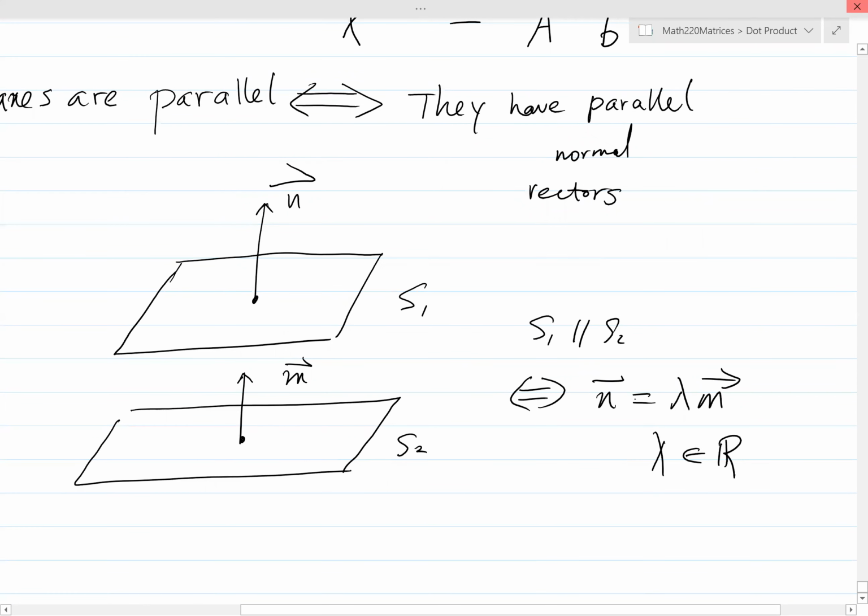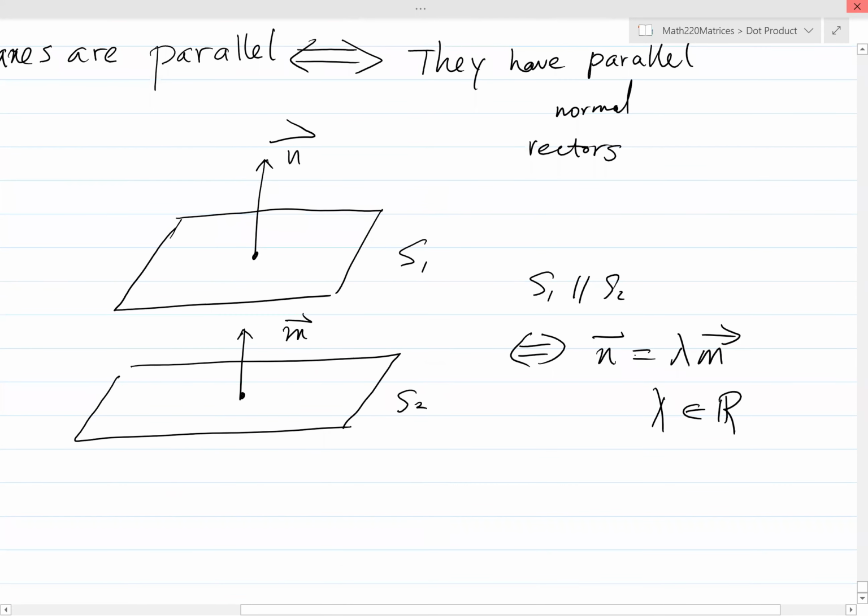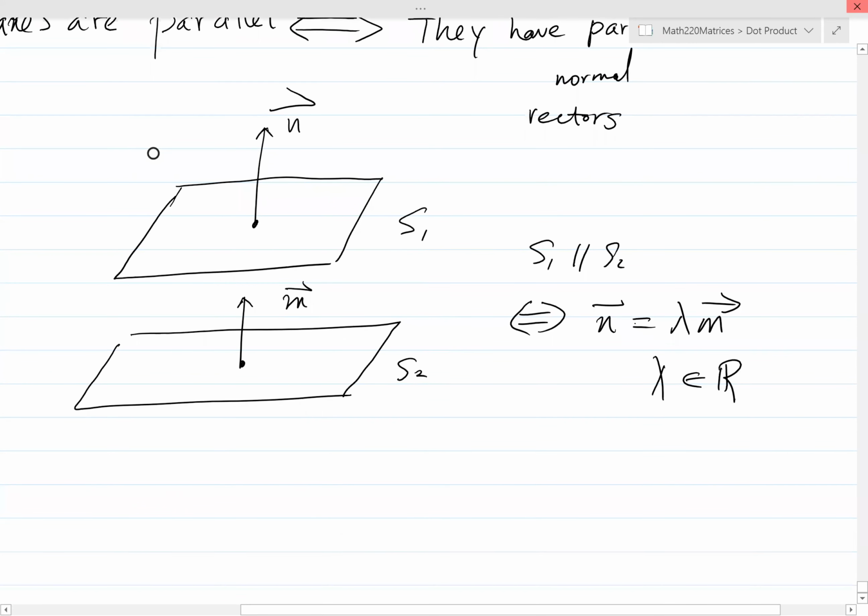We don't worry about whether lambda is 0, because m and n are non-zero, so lambda cannot be 0. So we can use this relation to determine whether 2 planes are parallel or not.